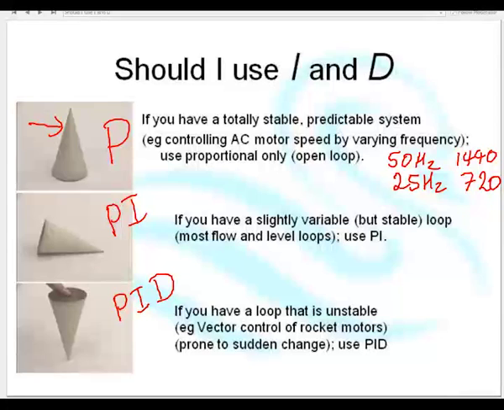Now, if I have a system which is slightly less predictable, such as my cone lying on its side, I know that if I push it for half a second, it will move a certain distance. But if there are imperfections in the table, it might roll back a little bit, or it might roll forward a little bit more.